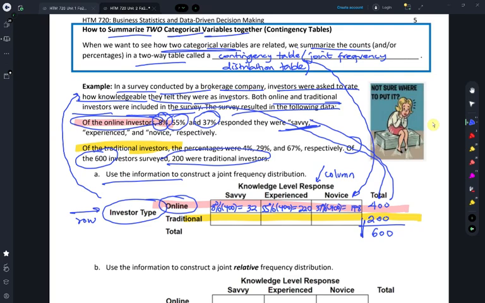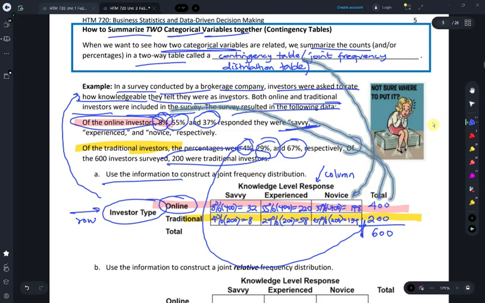Then on the other hand, for traditional investors, you have 4%, 29%, and 67% of 200. So what is 4% of 200? That would be 8. And the next is 29% of 200, that is 58. And lastly, 67% of 200, that is 134.